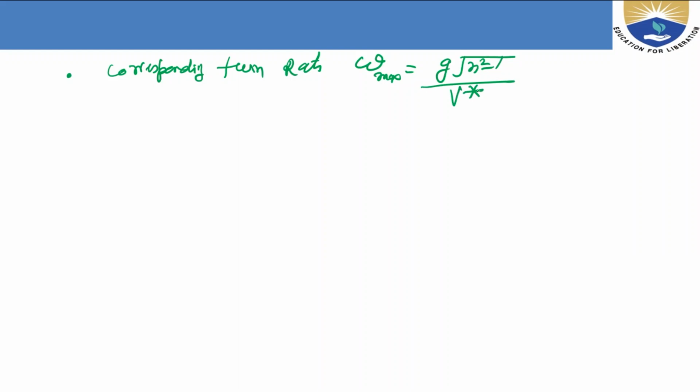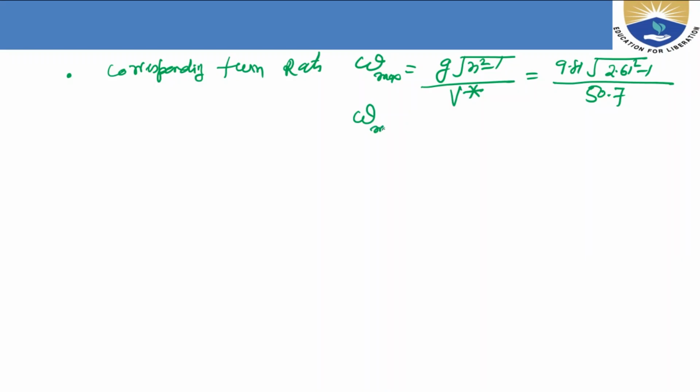Now I will go for the corresponding turn rate, that is omega max, and we know that it is g under root n square minus 1 over V star. 9.81 into root of 2.61 square minus 1, divided by 50.7.